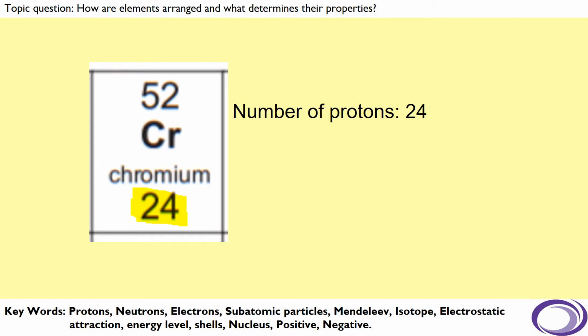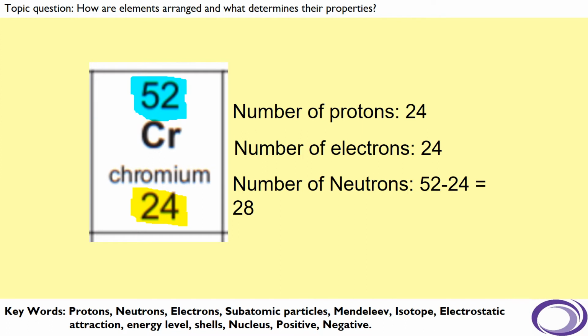That tells us that chromium has 24 protons, and because an atom has no overall charge, there must also be 24 electrons. To work out the number of neutrons, we use the mass number. So the number of neutrons will be the mass, 52, take away the number of protons, which is 24, which leaves chromium with 28 neutrons.